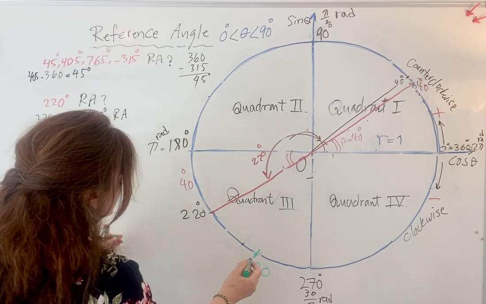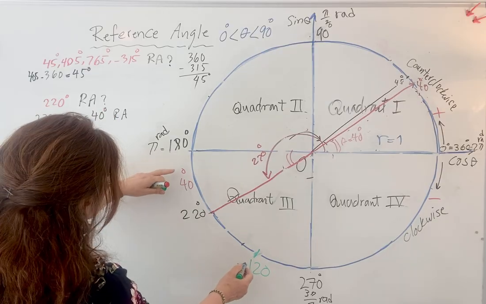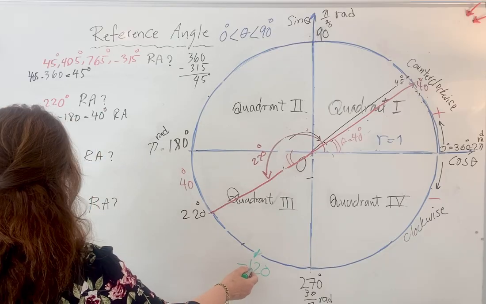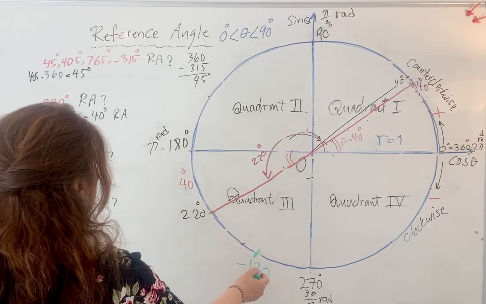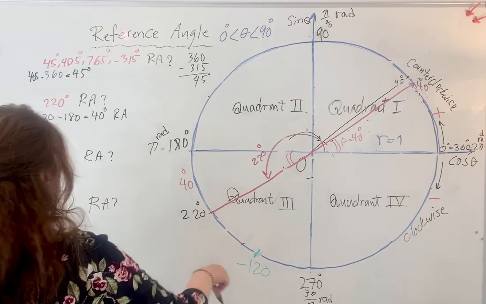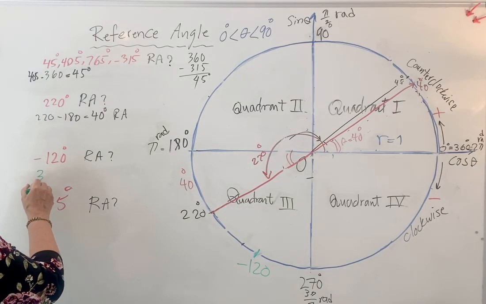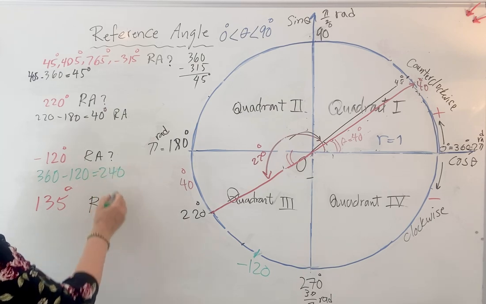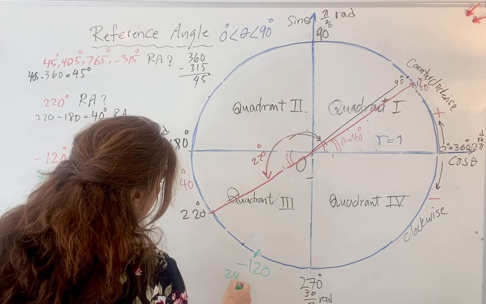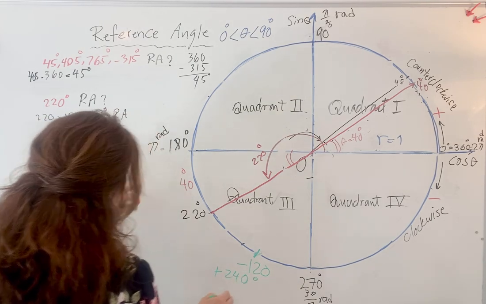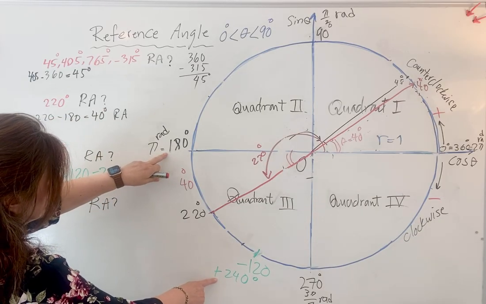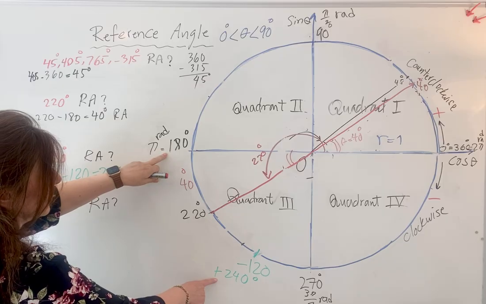Okay, we know that this is from negative 120. What is the positive of negative 120? The positive of this one is 360 minus 120, 240. Yes, this is 240. How much is the difference between 180 and 240? This is 60 actually, yes?